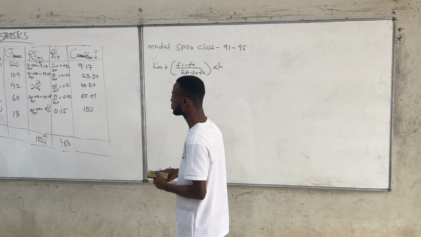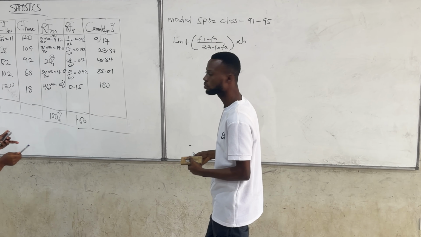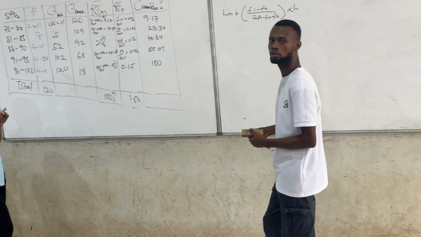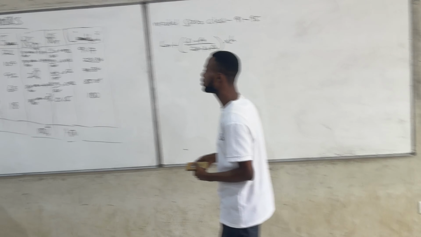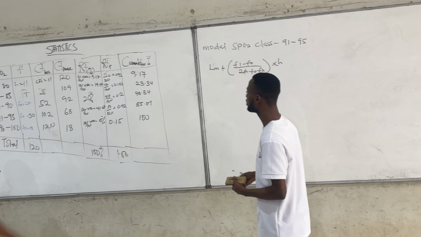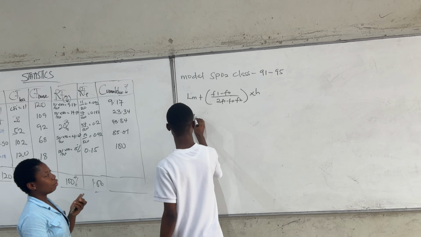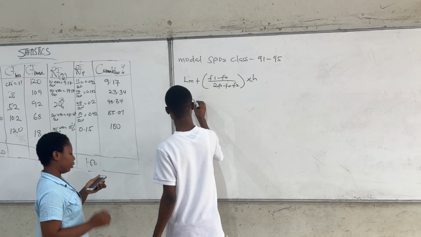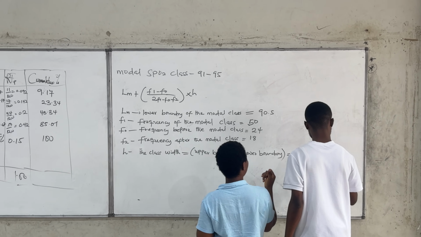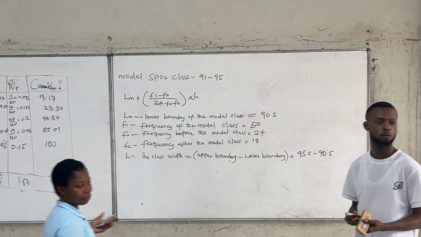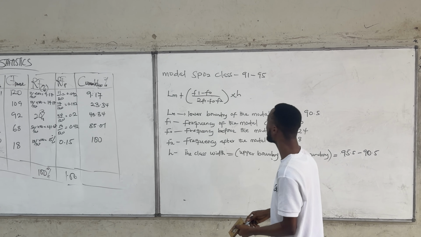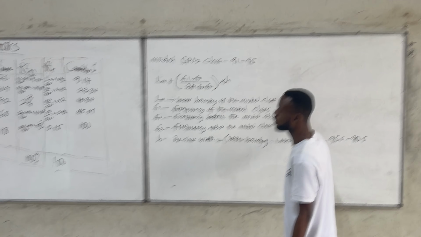So in getting the lower boundary, you deduct 0.5 from the lower limit of the modal class. So by definition, the LM is the lower boundary of the modal class, which is 90.5.